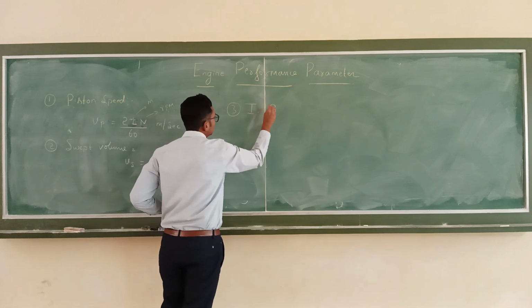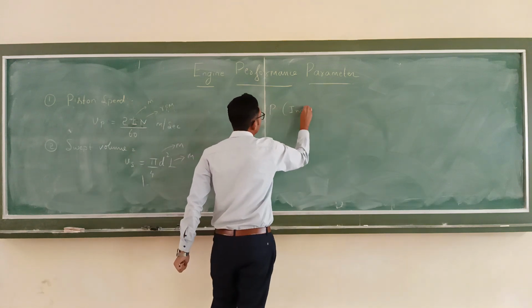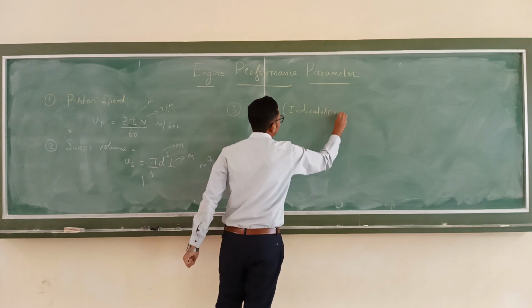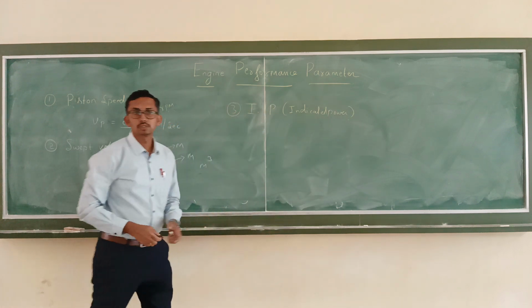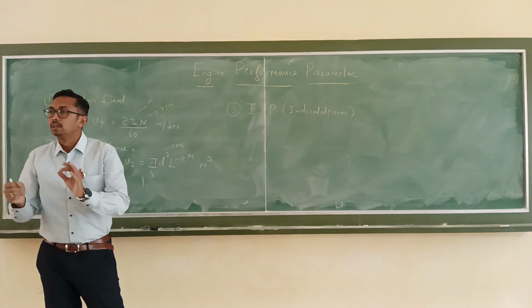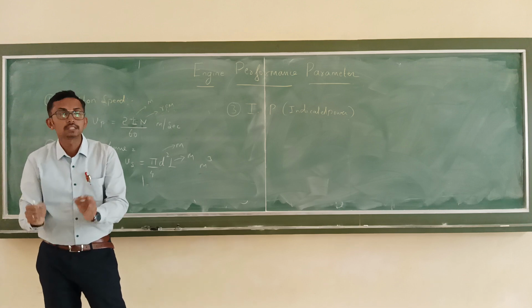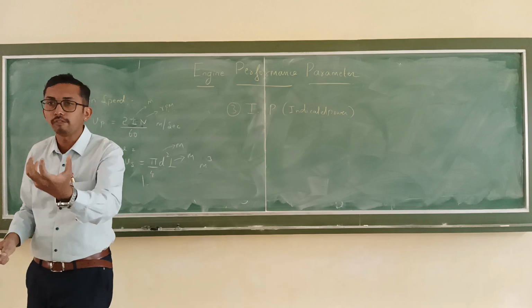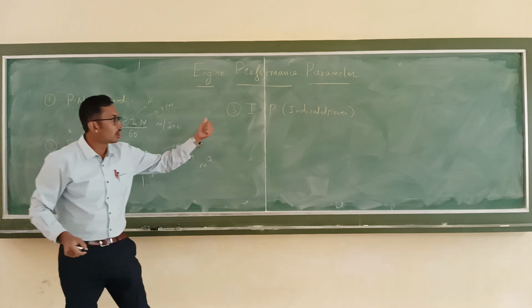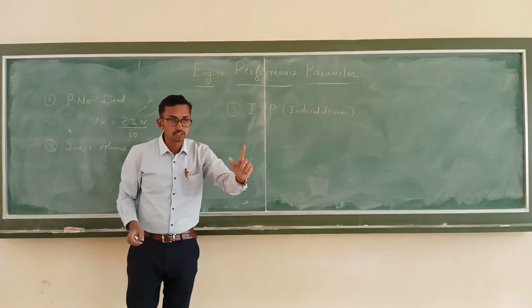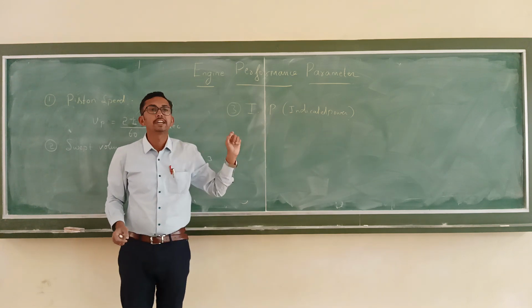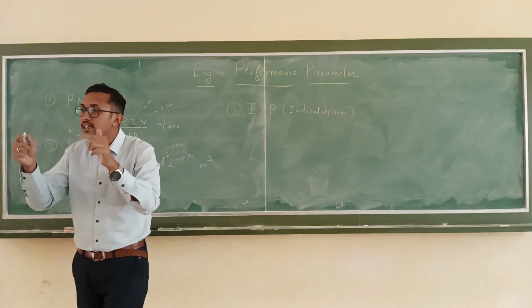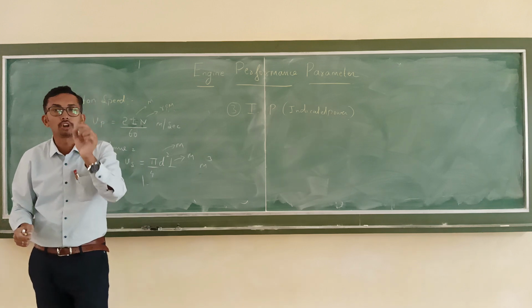So next formula, indicated power, called IP. Indicated power is defined as the power generated inside the cylinder due to the combustion of fuel. I'll repeat once again. The definition of indicated power is the power developed inside the cylinder due to the combustion of fuel.